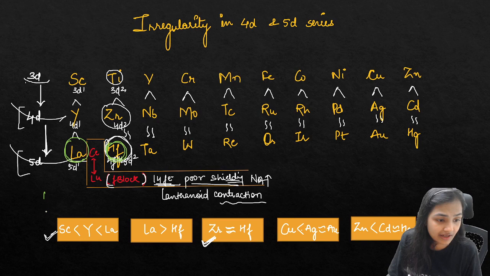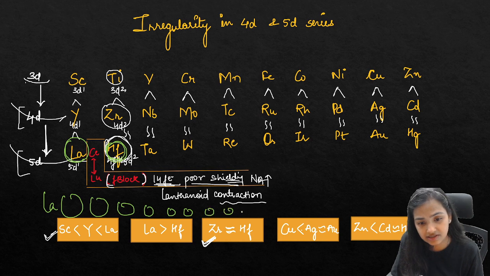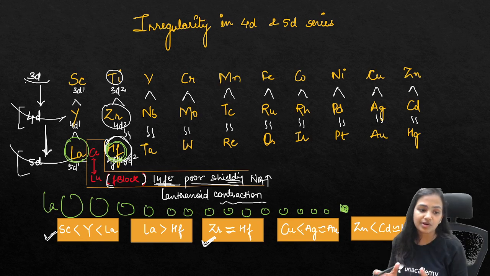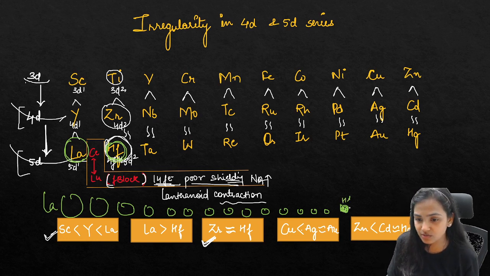So after La, we have all those 14 electrons showing a decrease in size: 1, 2, 3, 4, 5, 6, 7, 8, 9, 10, 11, 12, 13, 14, and there comes the hafnium, which is smaller. Got it? So of course the hafnium has to be smaller.